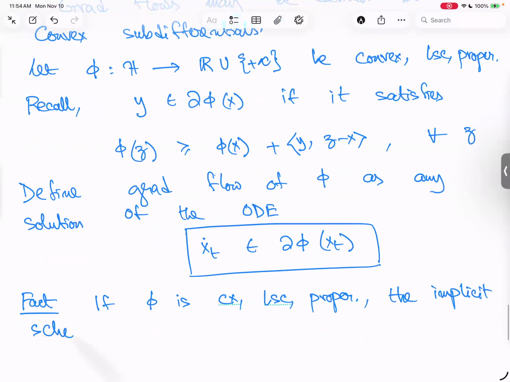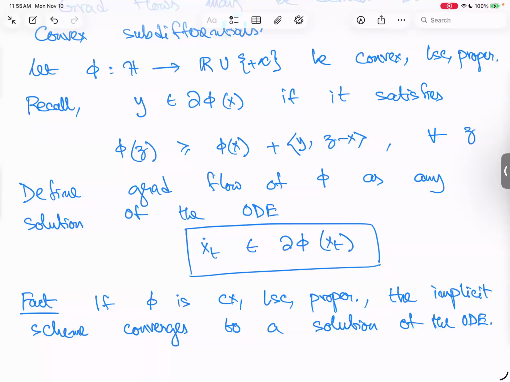The implicit scheme converges to a solution of this ODE. Okay, so you can construct a solution of this ODE by this implicit Euler scheme.